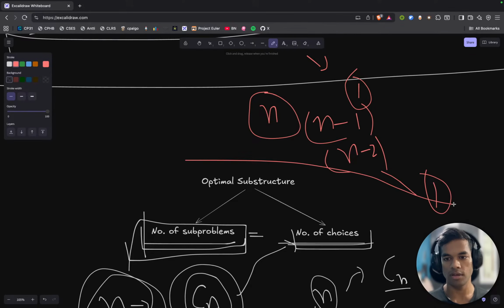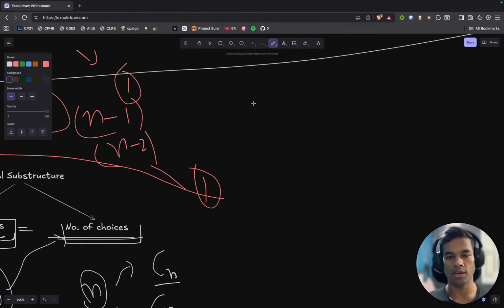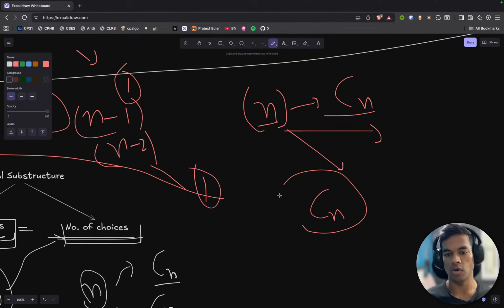But here I think in the book, they meant at one particular level, when our problem size is n, at that level, there are Cn subproblems, right? But in those Cn subproblems, we are not looking at how many subproblems they internally depend on.